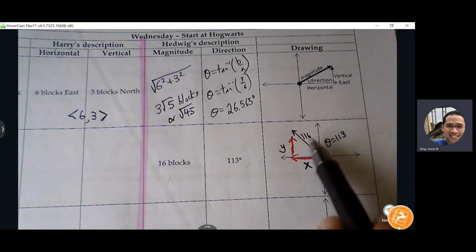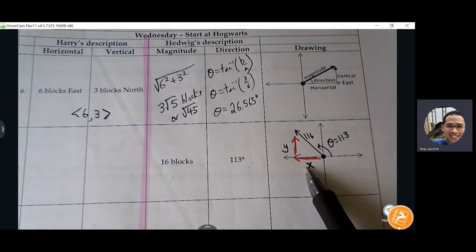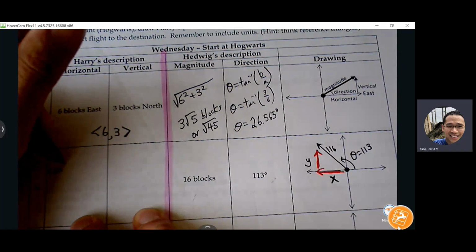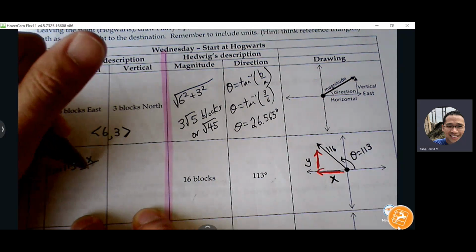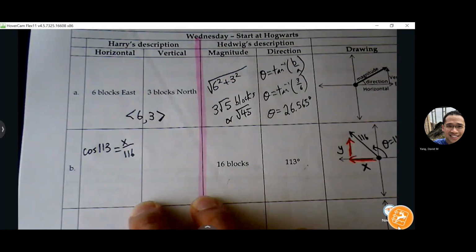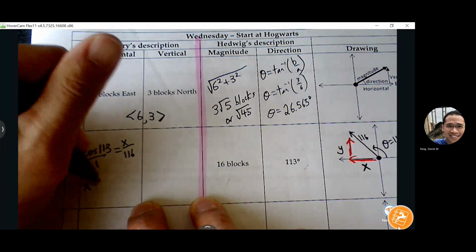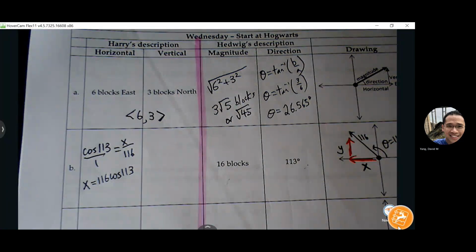Now for X, I can use cosine, right? Because cosine of theta is equal to adjacent over hypotenuse. And that's going to help me solve for X. So I'll say cosine of theta is equal to X over adjacent over hypotenuse. I can put that over 1, cross multiply. Sorry, no, 16.